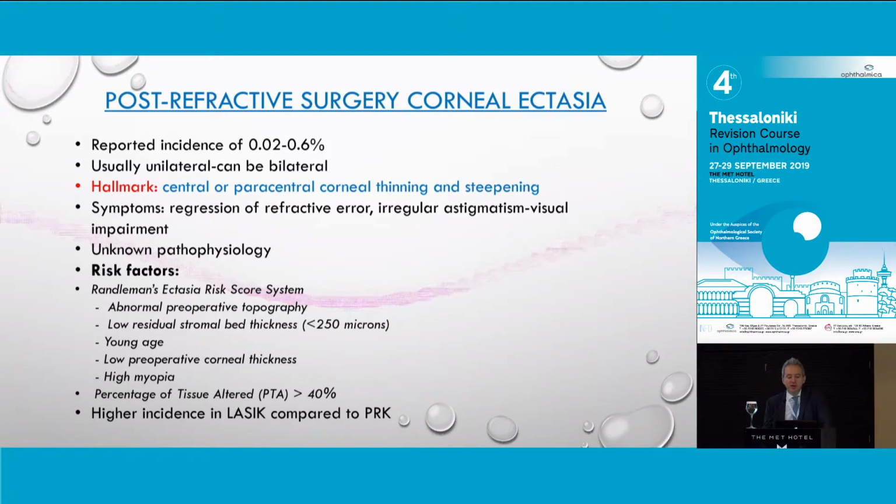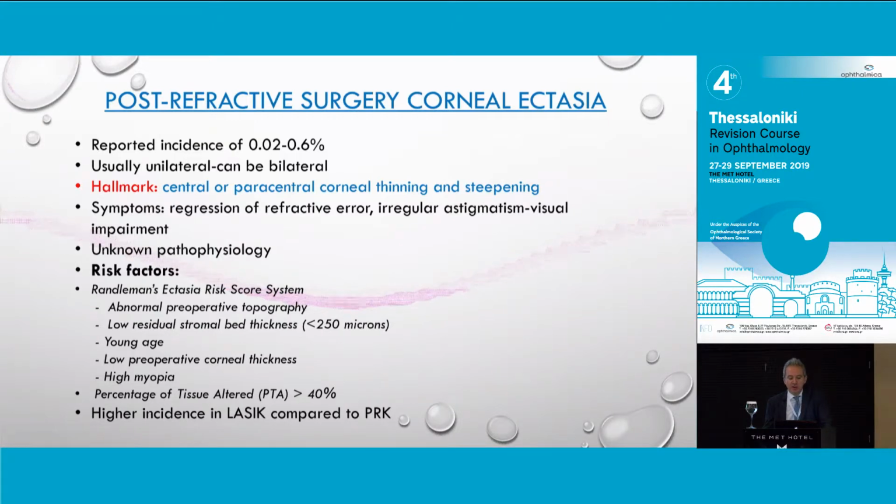And Santiago Marconi has also presented a metric, an index, the PTA, which could be a relatively good prognostic factor for predicting the risk of corneal ectasia after refractive procedures. But the unknown factor is always there, so regardless of a very meticulous preoperative assessment and respecting all these guidelines, we can never be sure about the outcome, and we are always confronted with surprises.